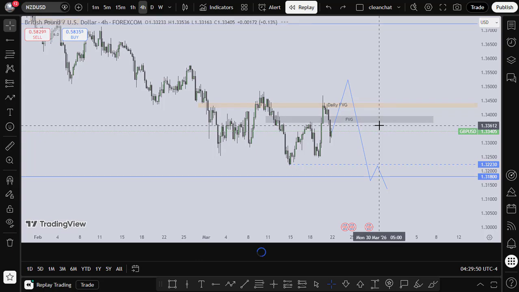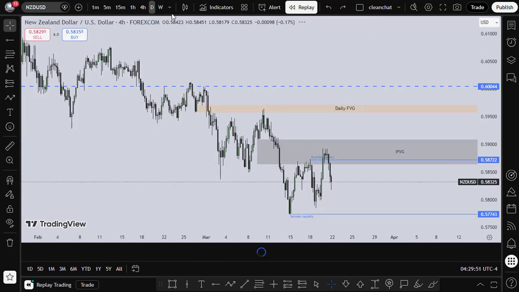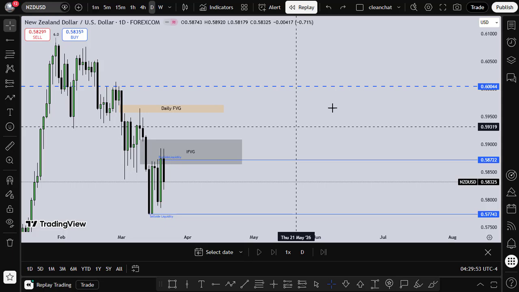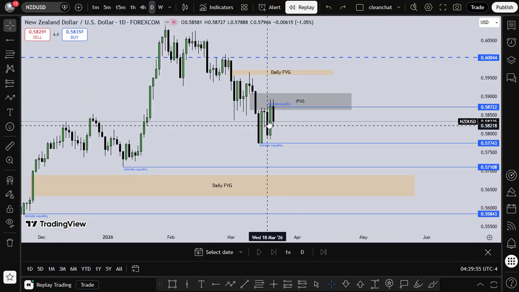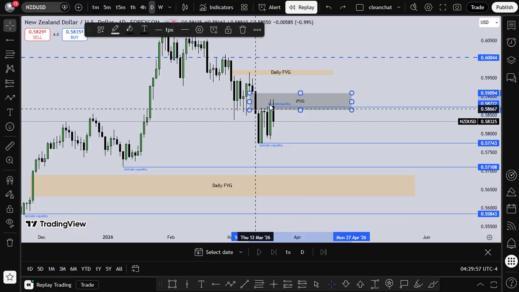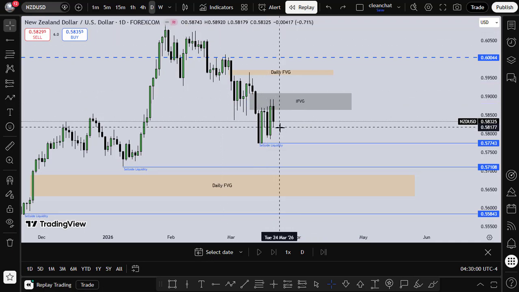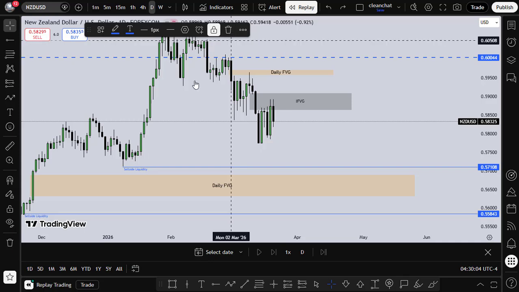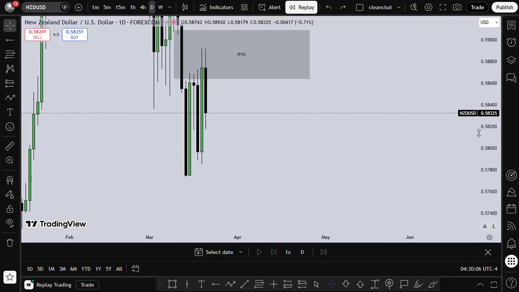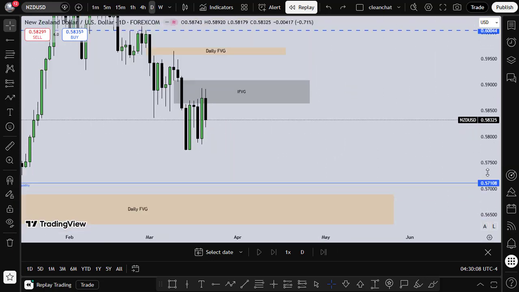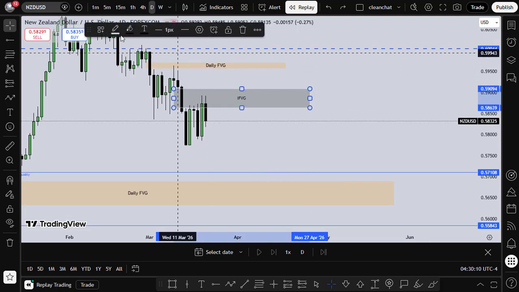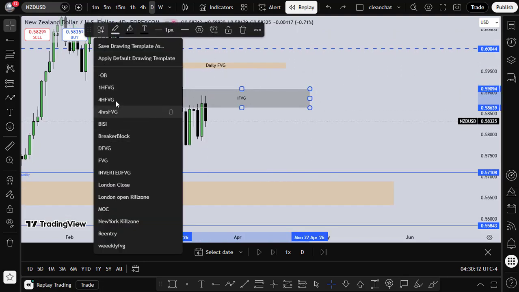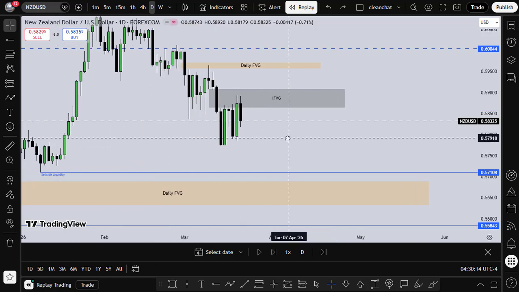Looking at NZD USDT, the daily time frame, let me clear this up. I outlined all these levels yesterday, looking at price on Friday. Where's my daily fair value gap?